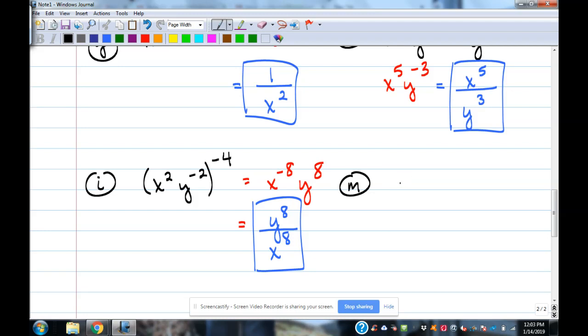Let's say we had x, y squared, z to the negative 3, raised to the negative 5 power.